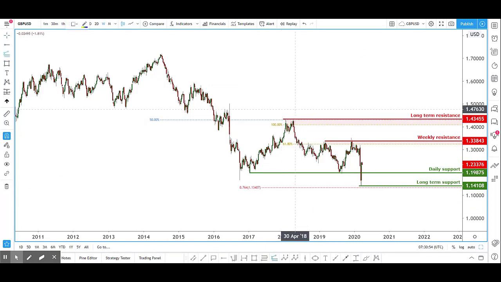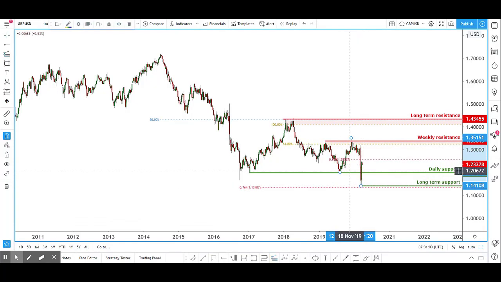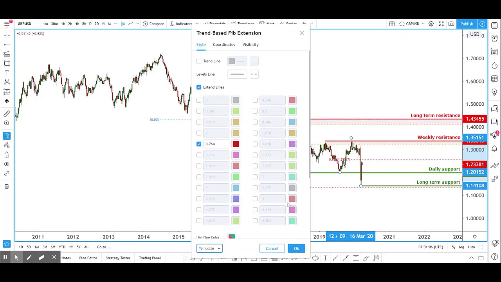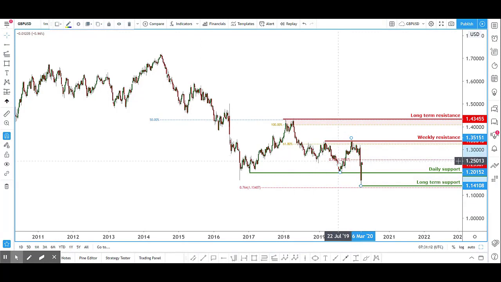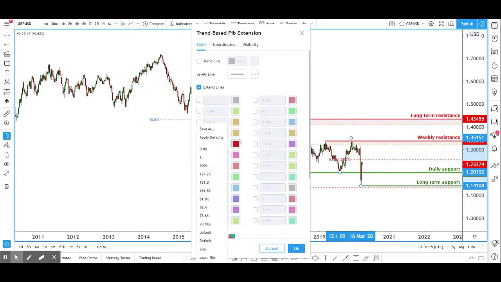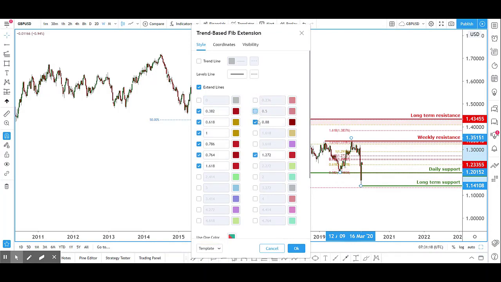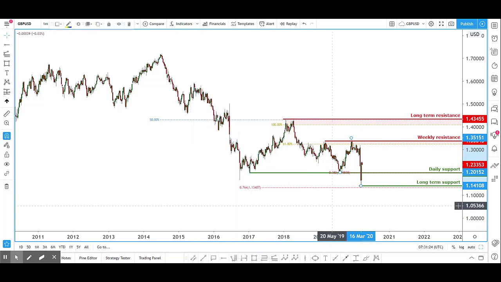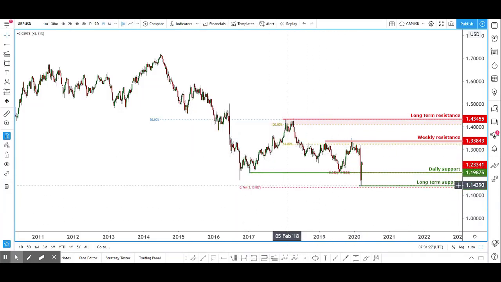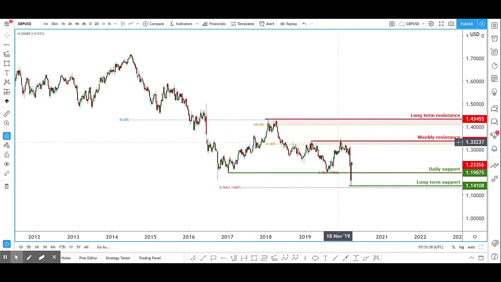I can first of all do an extension from this to this zigzag here. Now pull all the Fibonacci levels, and you see that's right on the 38.2. Right, that is one level. So I can just highlight that. Okay, that's one level, and if I were to do a retracement from the swing low here, this rejection swing low, to where current price is, it will be a bit hard to see.